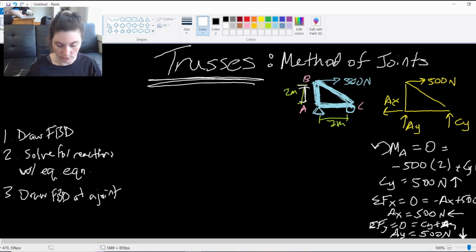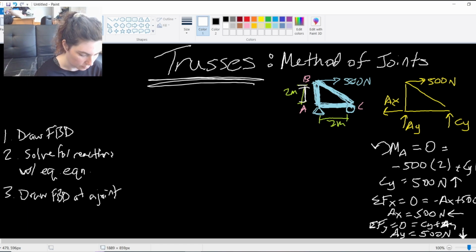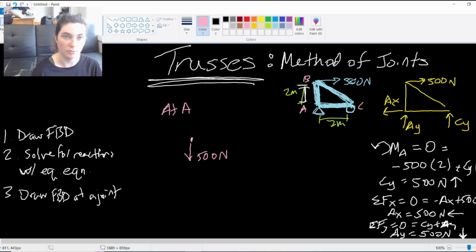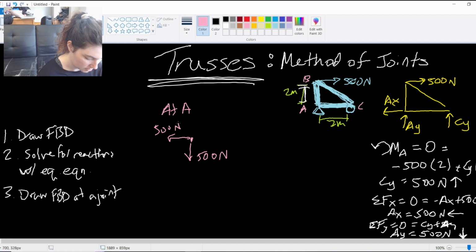So just to continue looking at this example, if we look at joint A that we had just solved for, I draw what we just solved for the reactions at A, so I have this 500 Newton force that points downwards, and then Ax we said was 500 to the left.